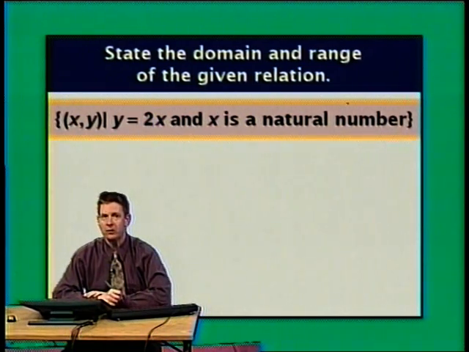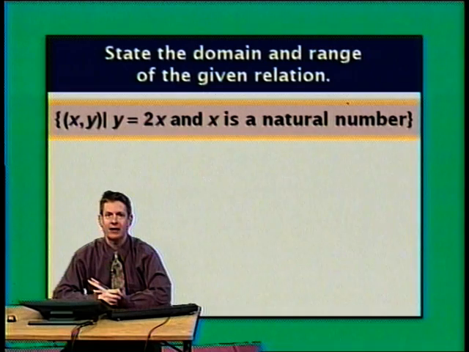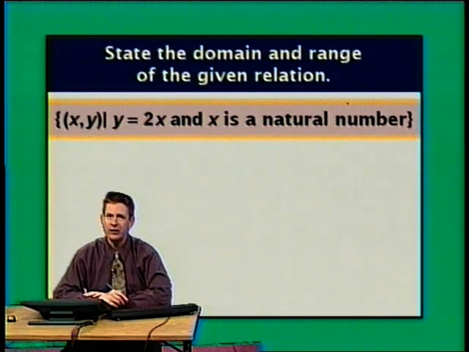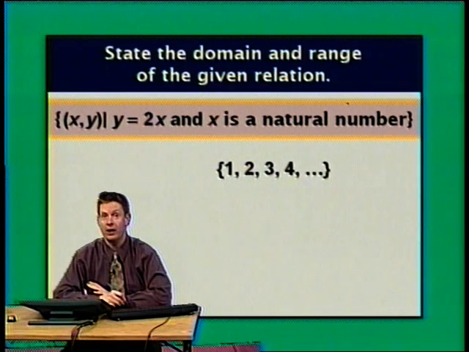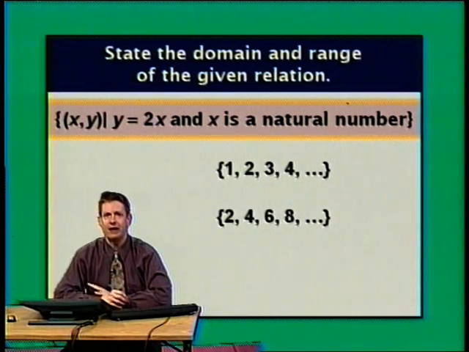Here we have a verbal description of our relation. We have the set of points x, y, and the verbal part of the description is that y equals 2x and x is a natural number. Well, let's recall that the natural numbers are the counting numbers, 1, 2, 3, 4, etc. What happens when we take the counting numbers and multiply each of them by 2? We get the set 2, 4, 6, 8, etc. We get the even counting numbers.